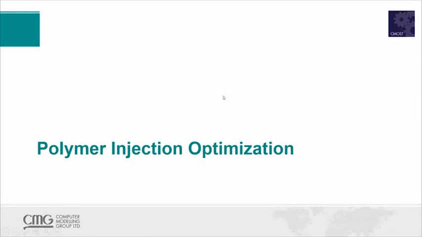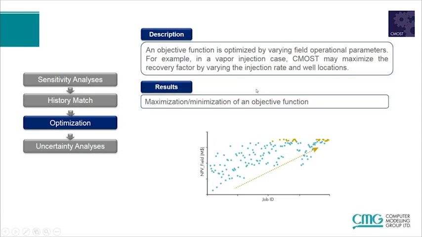Now I'll go through a quick study of polymer optimization. Now again, CMOS was used for this, except it was used in the optimization mode.